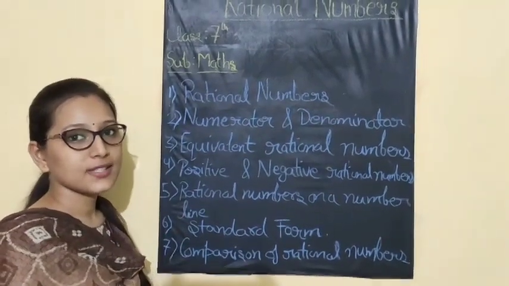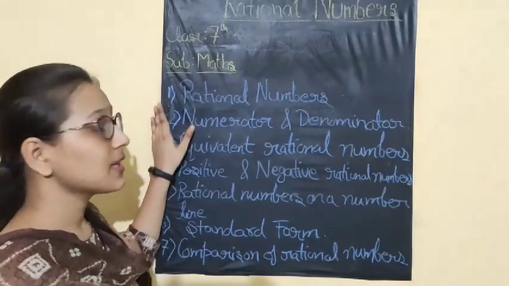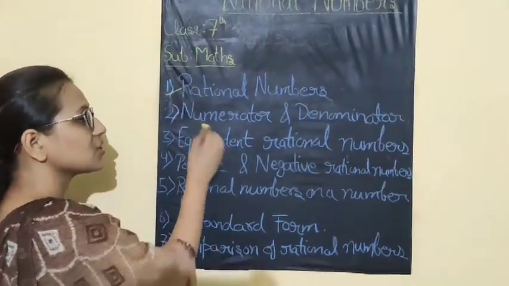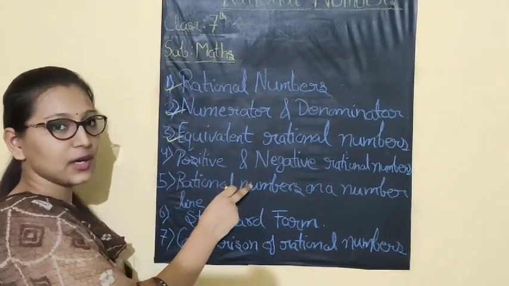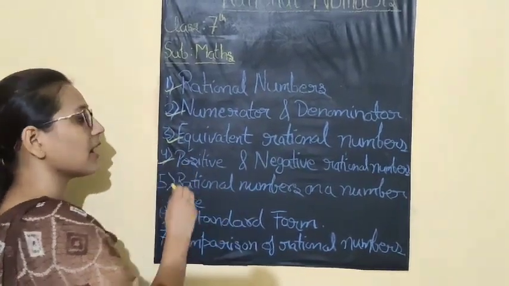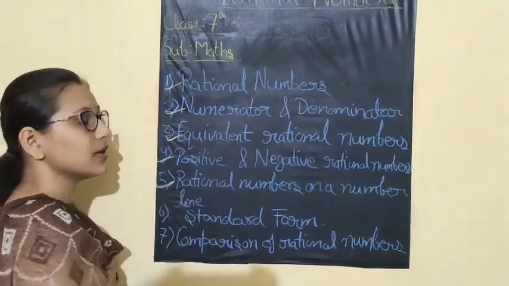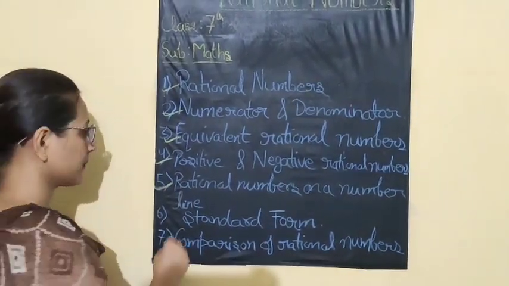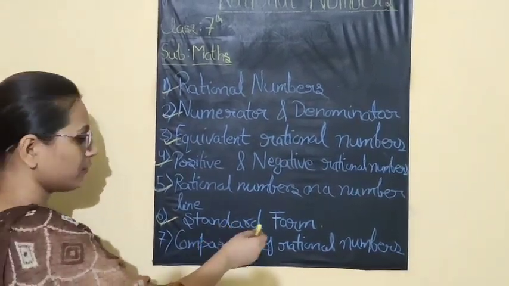So students, today we have learned about rational numbers and numerator and denominator, equivalent rational numbers, positive and negative rational numbers, rational numbers on a number line, and rational numbers in standard form.